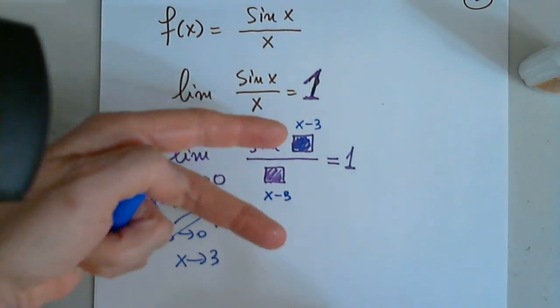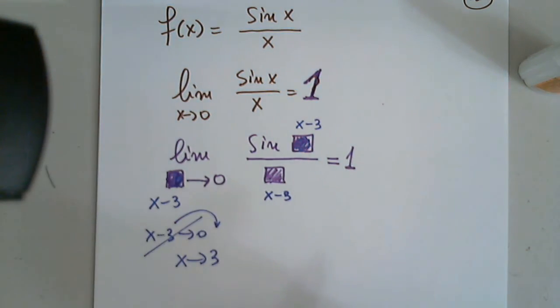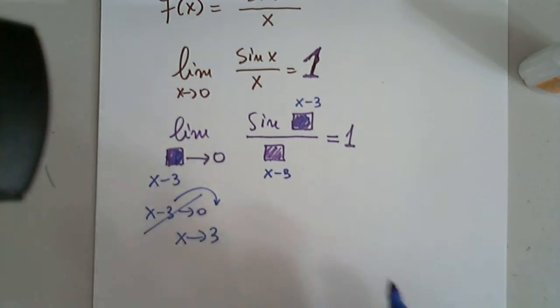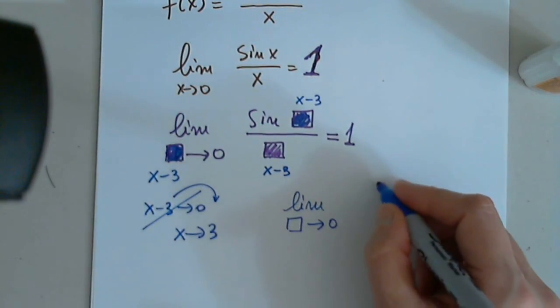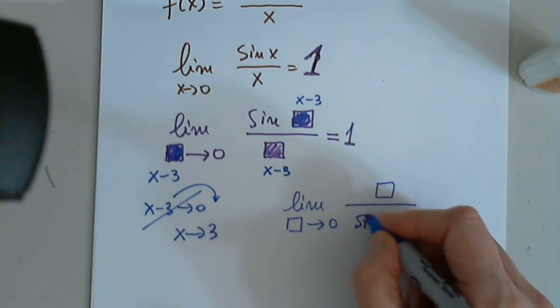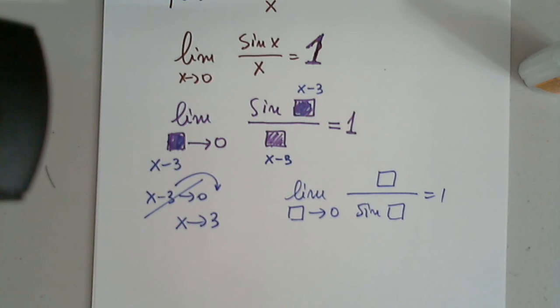You can also reverse and have the box and sign of the box in the denominator. They will all still equal 1. So I can also have limit, this is still 1. So now I know I have, what is my phone? Okay, I have 5 minutes left, I know.